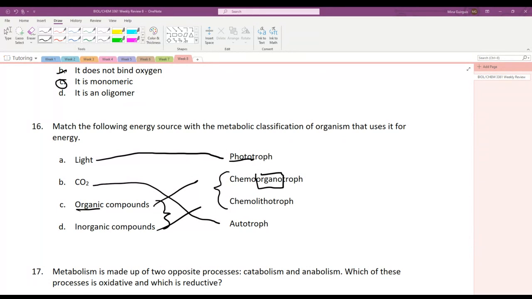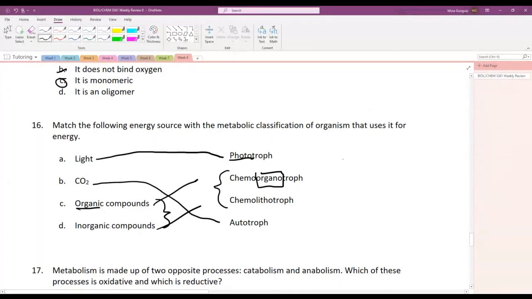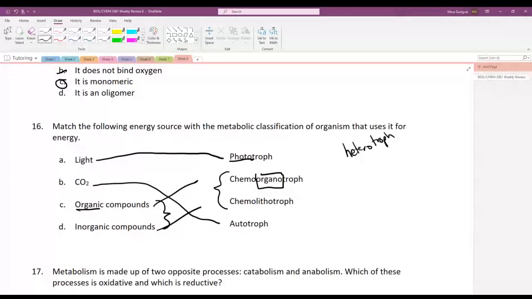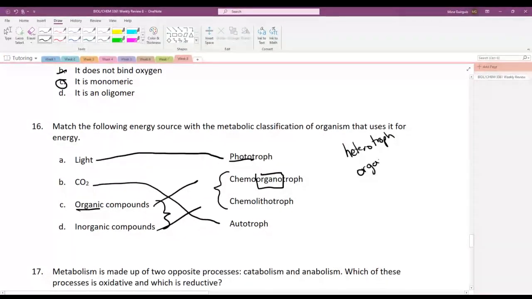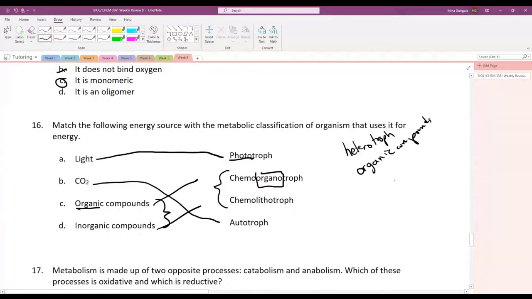Okay? There's another type that we don't talk about much, and it's called a heterotroph. And a heterotroph, I'm going to write this over to the side, uses organic compounds not for energy directly, but as a carbon source.